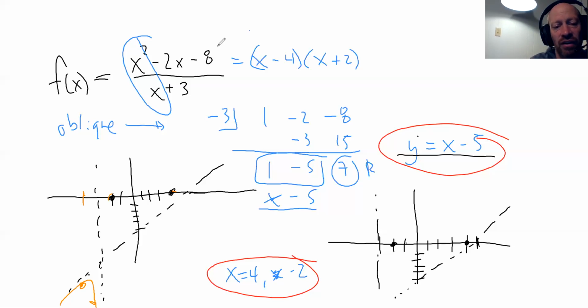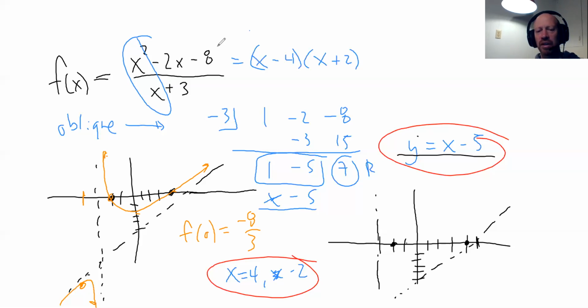Over here, I can see the function has these two x-intercepts. So I might want to fill in the y-intercept just to give me an extra point. The y-intercept is f of 0. f of 0 is going to be negative 8 over 3. So that's just over negative 2. That's somewhere in there. So that tells me, knowing what vertical and oblique asymptotes have to look like, that my function has to look something like that in that region.